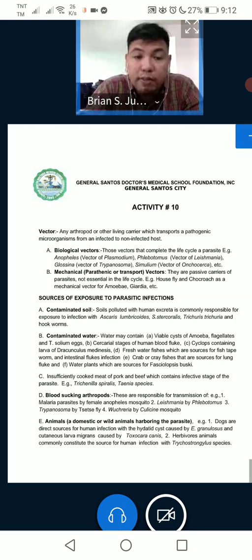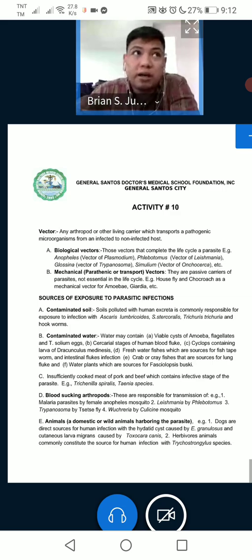Same with biological vectors. The only difference is biological vectors are insects or arthropods, while intermediate hosts are higher forms of animals katulad ng aso, pusa, pigs, the cows.